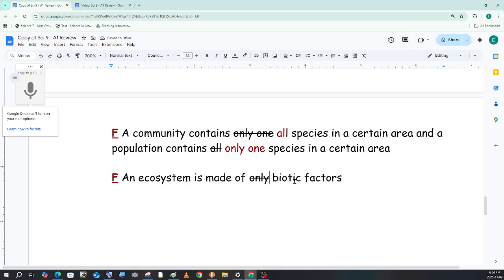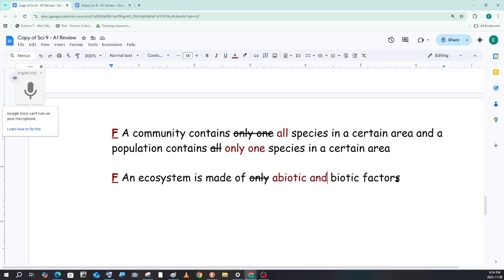And my computer is fighting me for some reason. Please stand by while I try to fix this. Thank you. Okay, so cross out only, and then above it write abiotic and. Okay, because an ecosystem is made up of both abiotic and biotic factors. An ecosystem itself is actually all the interactions between the biotic and abiotic components.